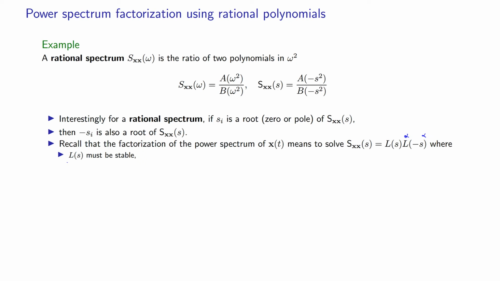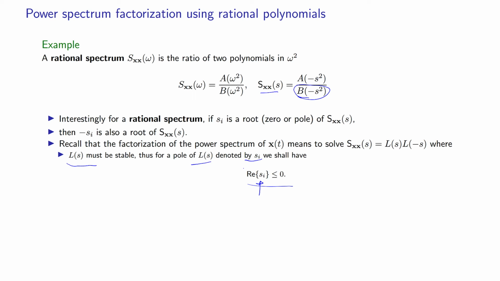So L of S must be stable, and thus the poles of L of S, denoted by Si, should have a negative real part. So the poles of Sxx, which are zeros of B, are symmetrical. If there is a pole on the right side, there is another one on the left side. But because we want L of S to be stable, we take only the poles which are on the left side.